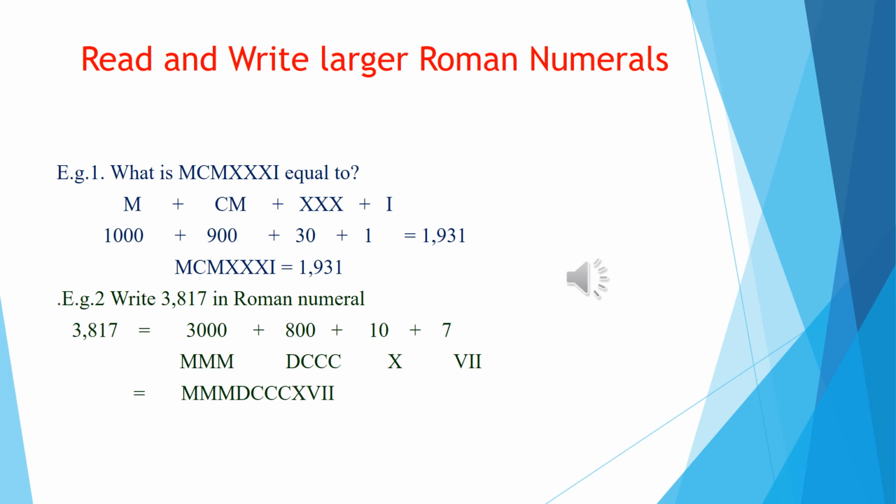So 3000 is MMM, 800 is DCCC, 10 is X and 7 is VII. Therefore, adding all, we get the Roman numeral as MMMDCCCXVII, which is the Roman numeral for the Hindu-Arabic numeral 3817. Hope you all understood how to read and write larger Roman numerals.